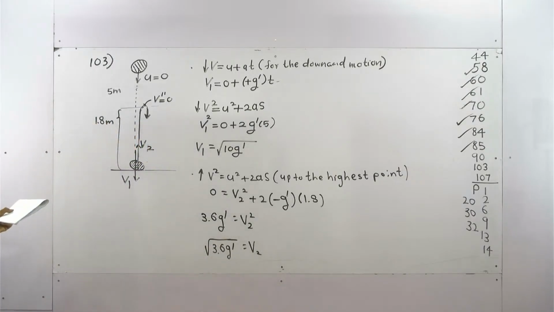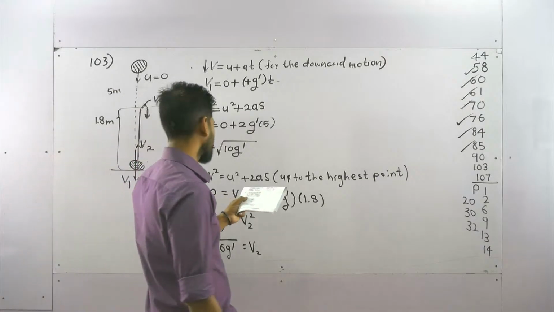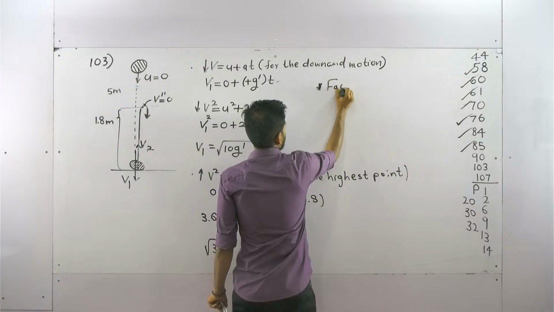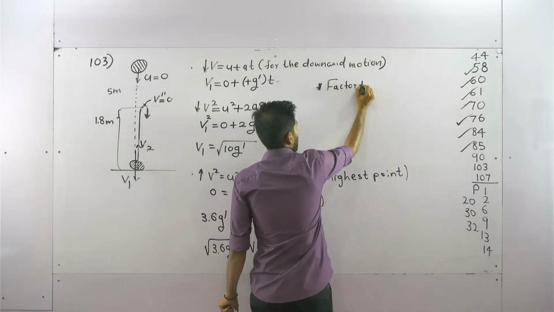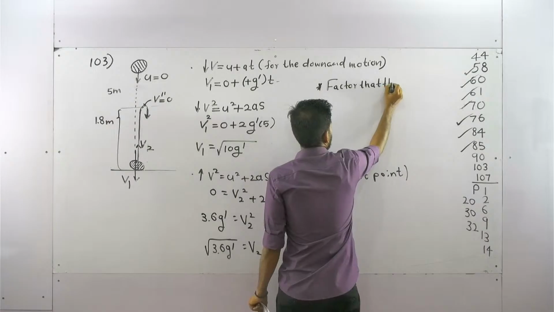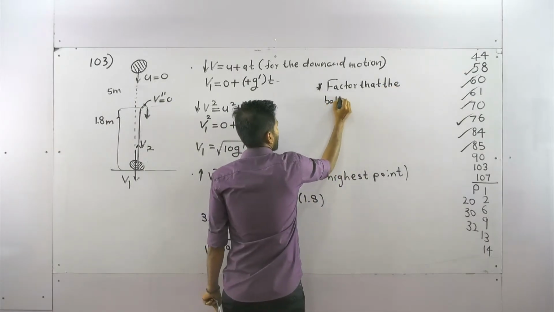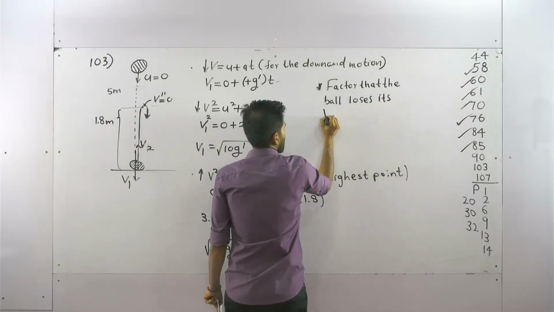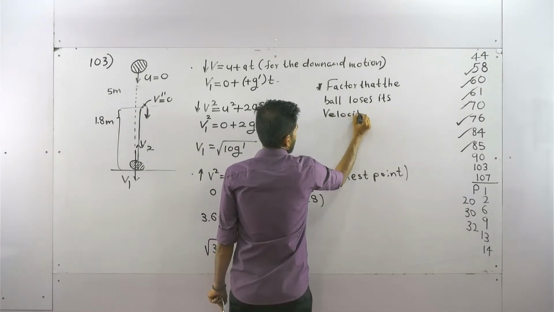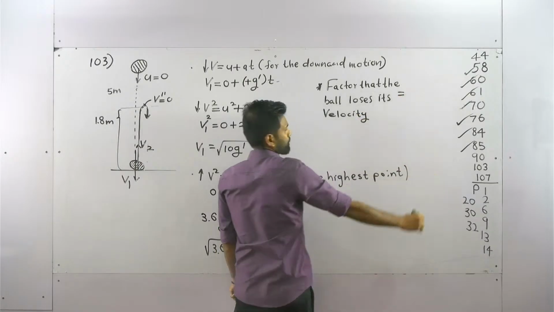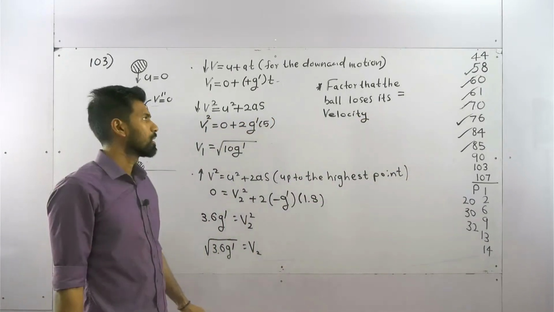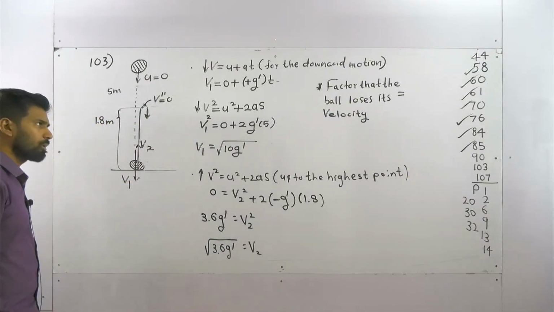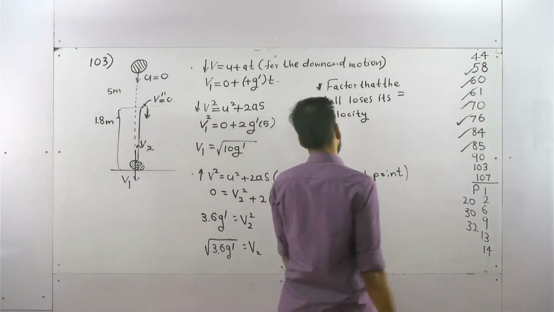What they asked is the factor by which the ball loses its velocity on bouncing. How do we find the factor that the ball loses its velocity?